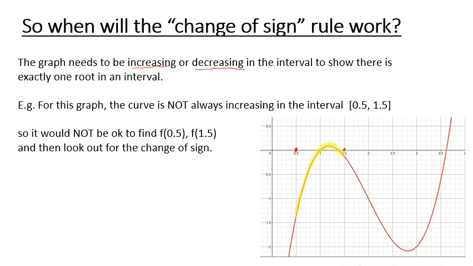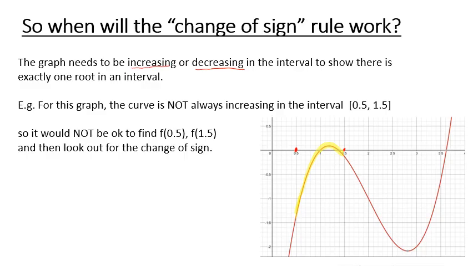It changes direction. So when we substitute f of 0.5 and f of 1.5, even though they both gave negative answers, that doesn't mean that there were no solutions. It must mean that there are an even number of solutions.